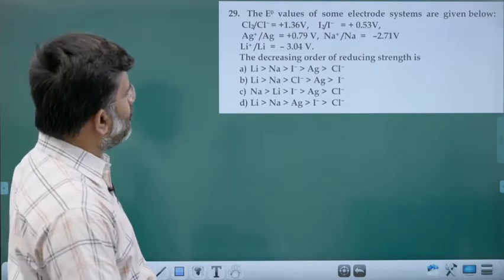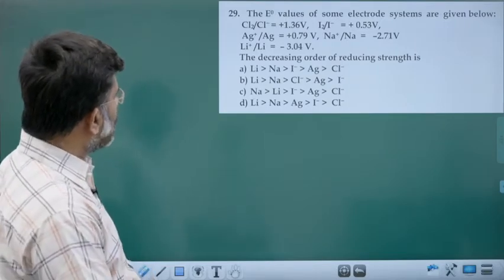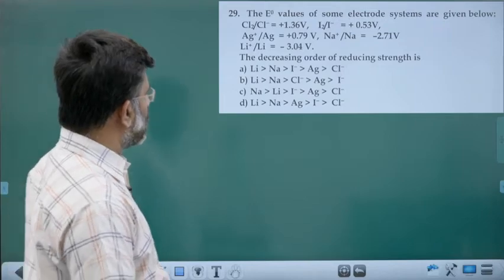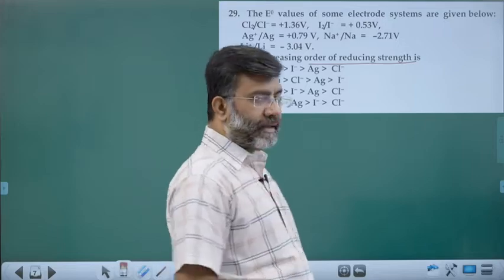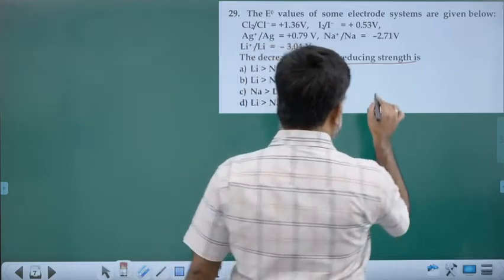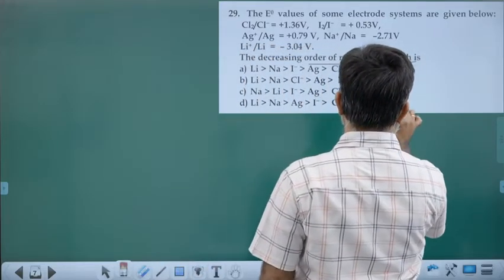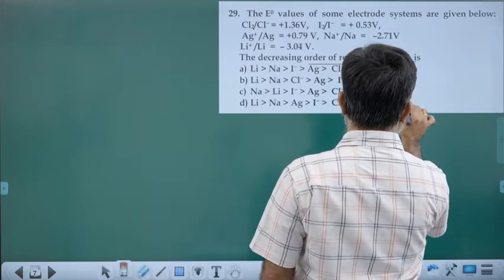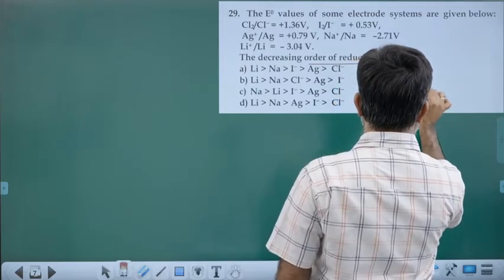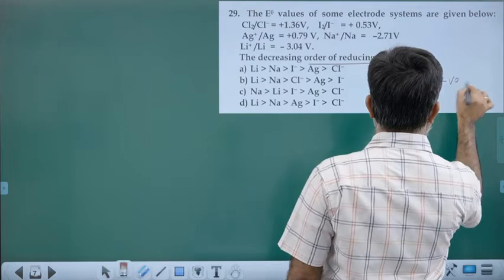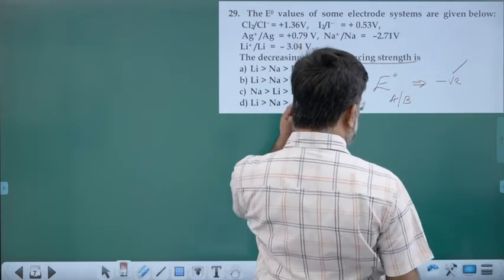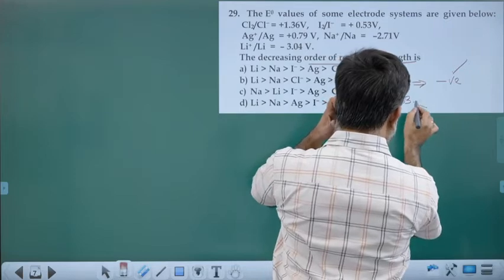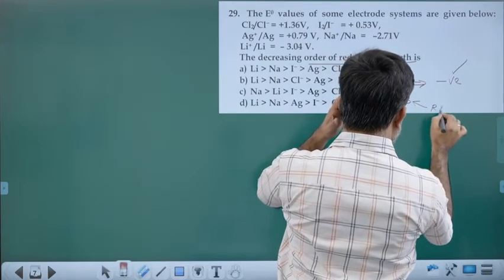E0 values of some electrodes are given below. Decreasing order of reducing strength. See, reducing strength can be decided by taking the E0 value. You will check for high negative value, and this species will be a strong reducing agent.